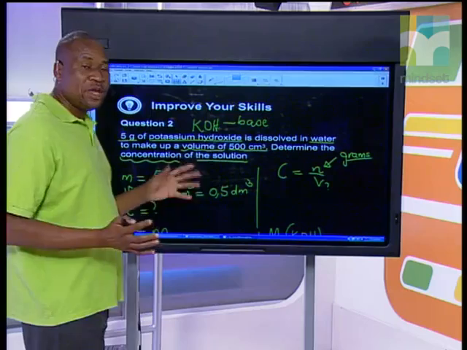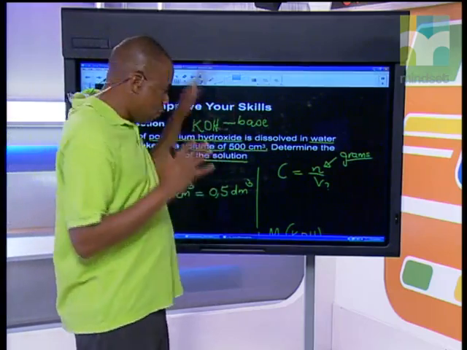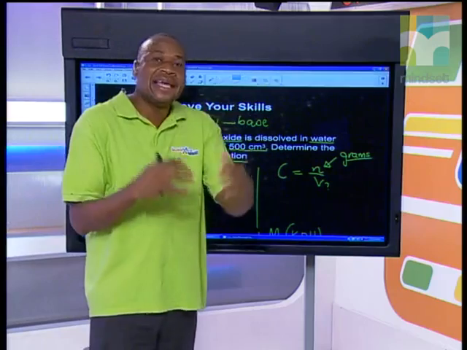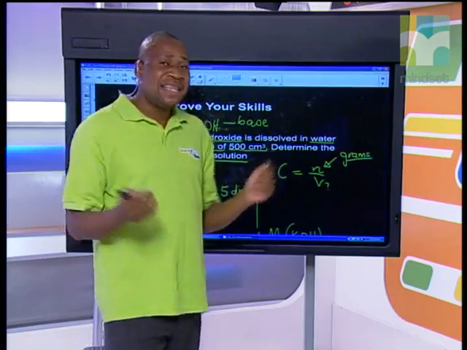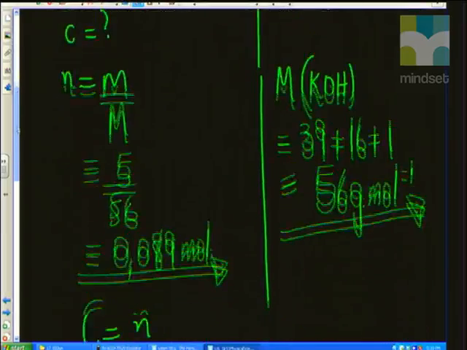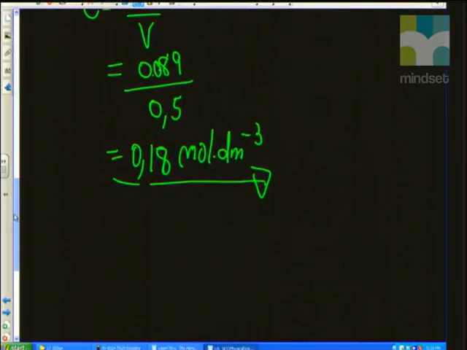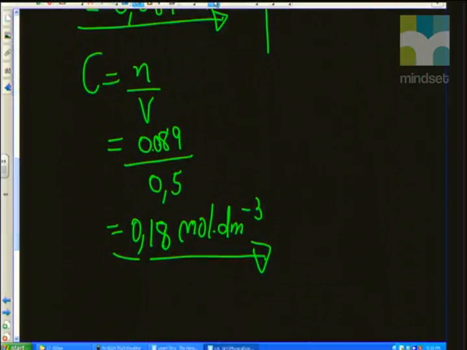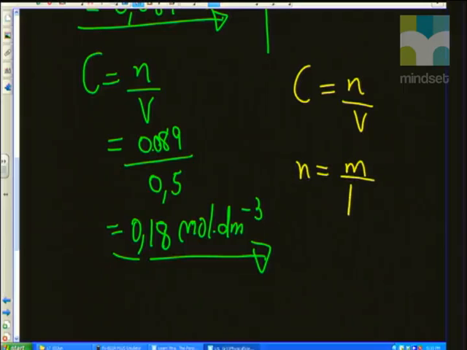But a quick way of doing it, without following all this, I'm trying to do that so that even those that are struggling can follow it up and get to the end, can find the logic in it. But then another quick way of doing it is to say, if I have concentration as number of moles over volume, and number of moles in this case is mass over molar mass.